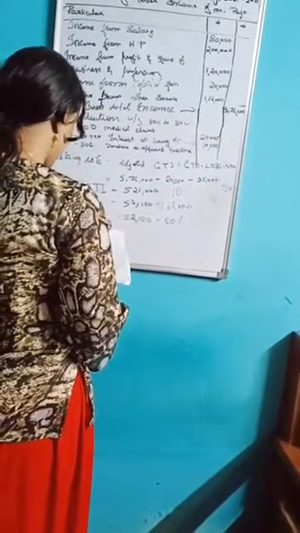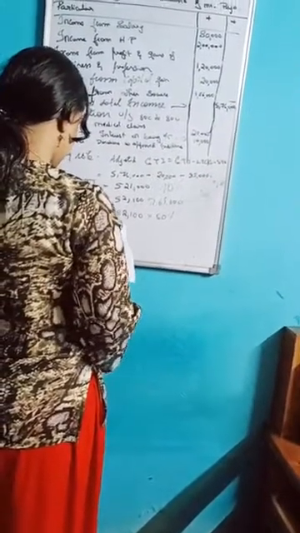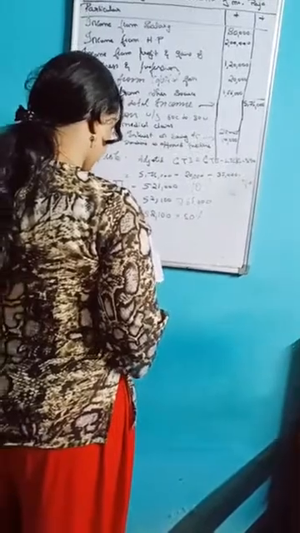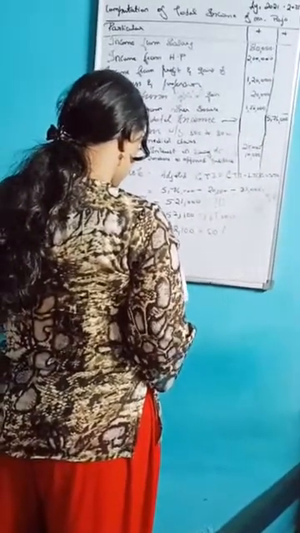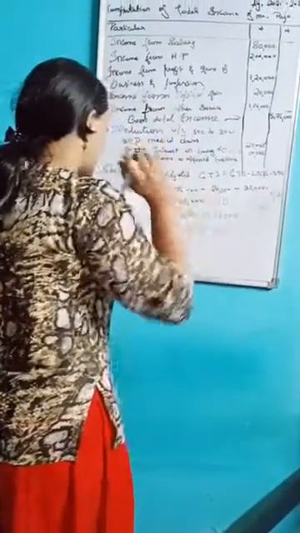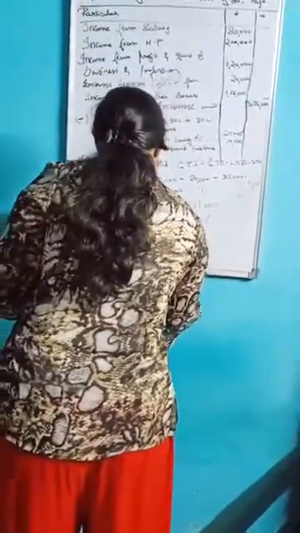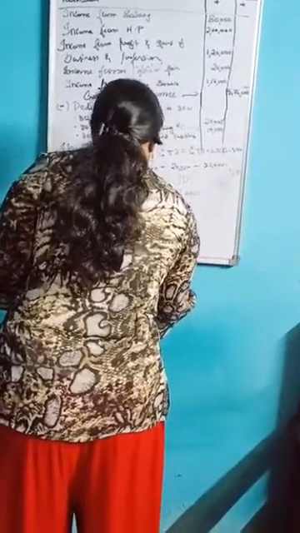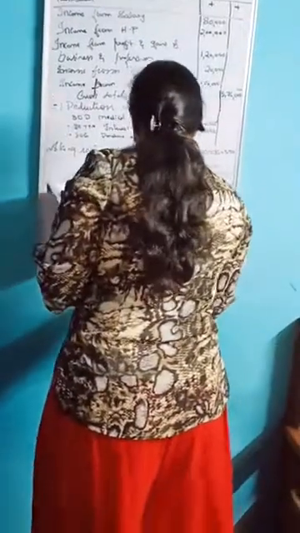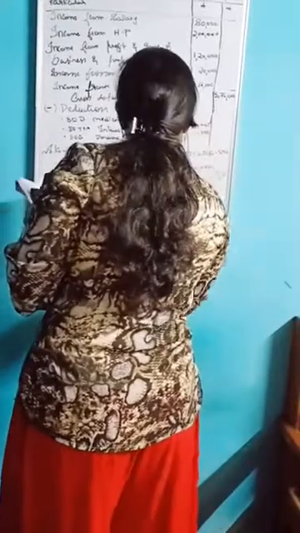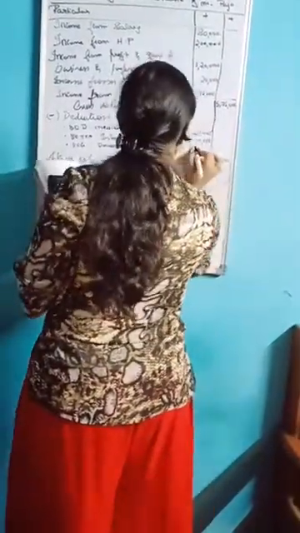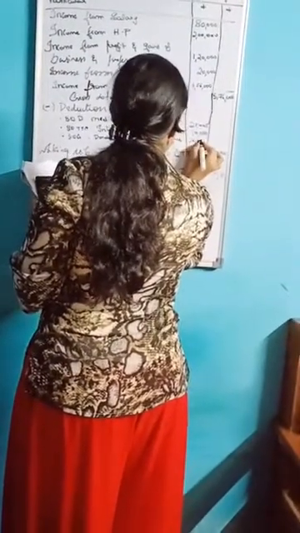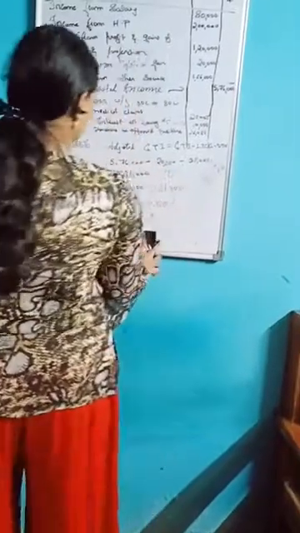So 52,100 into 50%, you will get 26,050. So the donations to approved scheme amount is 26,050. Like this the calculation you should do.